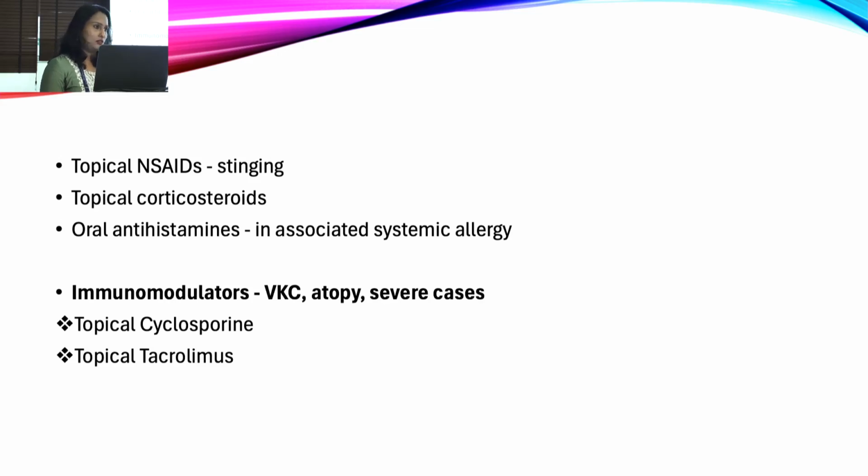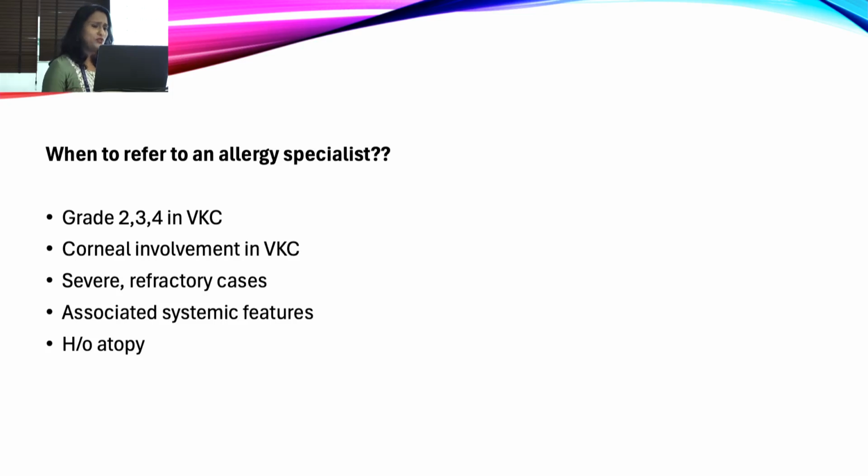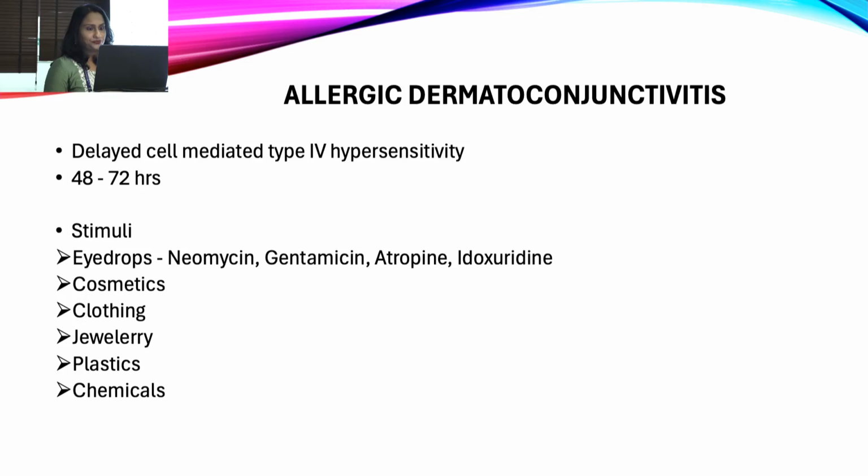Corticosteroids are another mainstay of treatment which we need to give. So when to refer to allergy specialists: that is grade 2, 3 in VKC. That basically means that if they have persistent symptoms even with treatment, corneal symptoms, corneal signs, then we need to refer them to an allergy specialist. They need systemic anti-allergy treatment for their condition to resolve. And if they have associated systemic features and a history of other atopy.